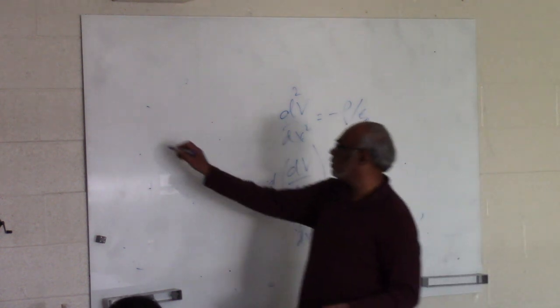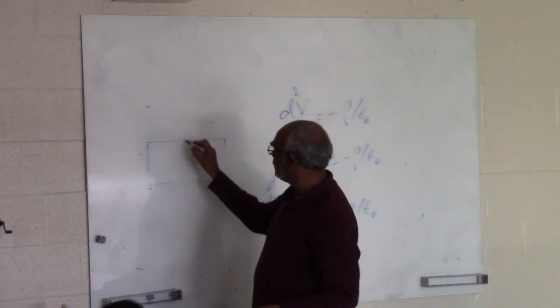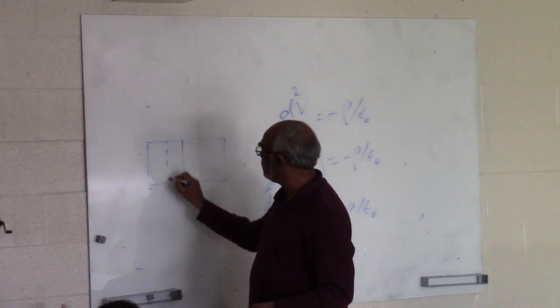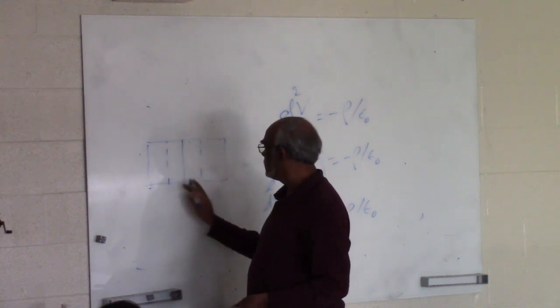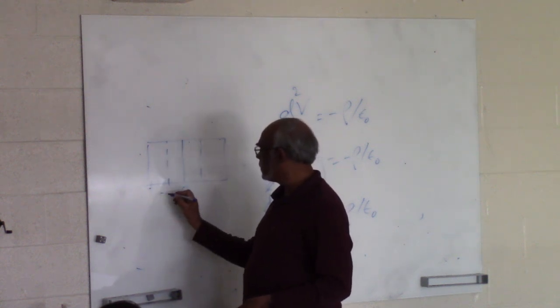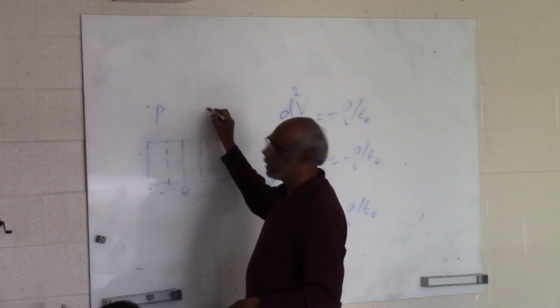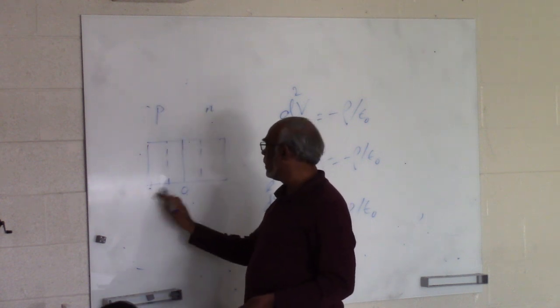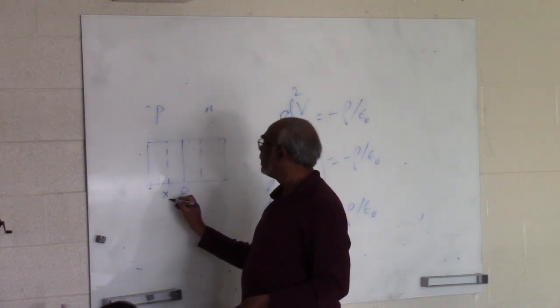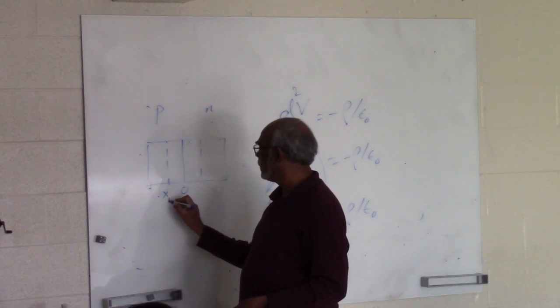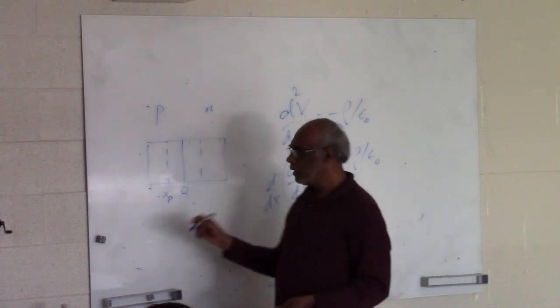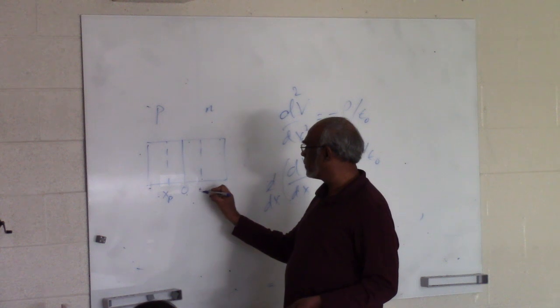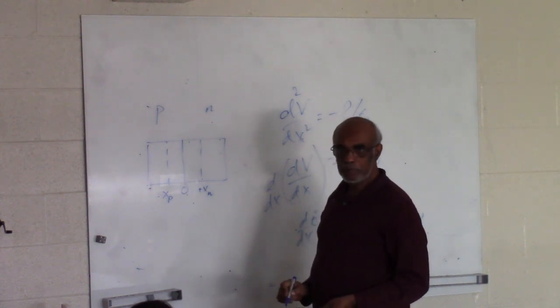If you take this region, suppose this is your depletion region, I'll say this is 0. Suppose this is p-type, this is n-type. So this we call minus xp, it's the negative side, and here we call this plus xn.